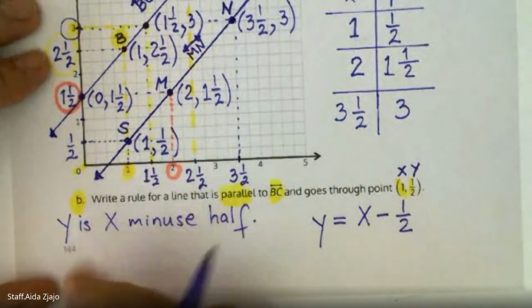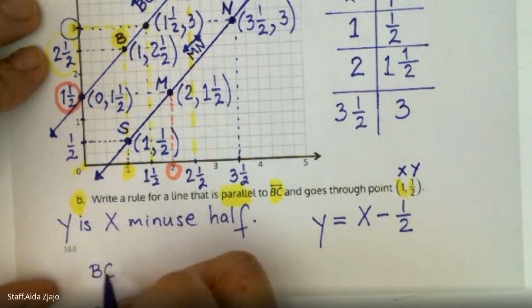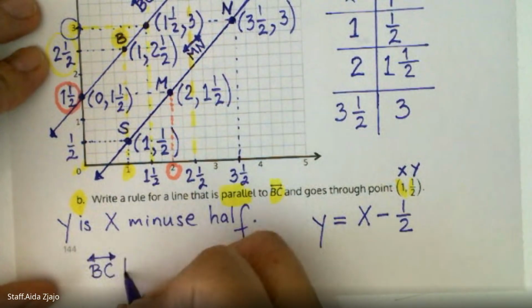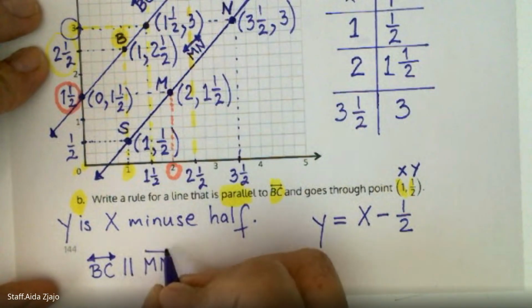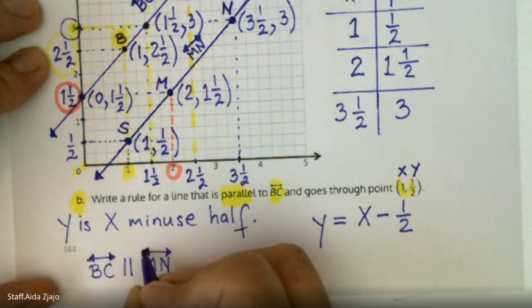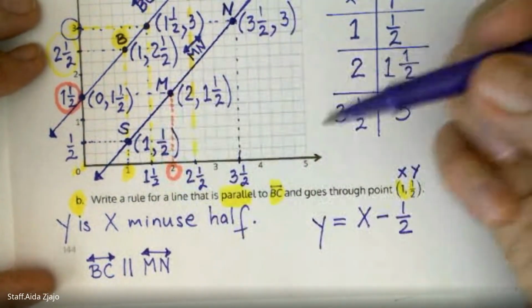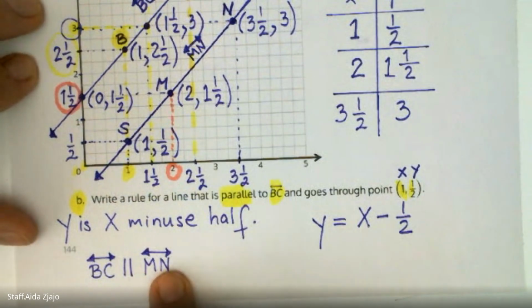When you see line BC is parallel to MN, we can also call this line SM. It doesn't really matter which 2 points you're using. That means line BC is parallel to line MN.